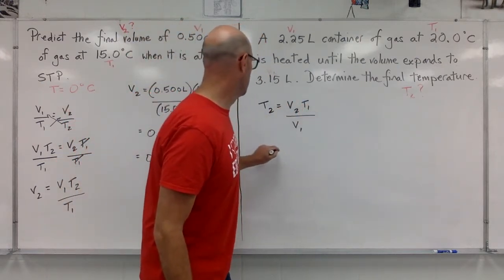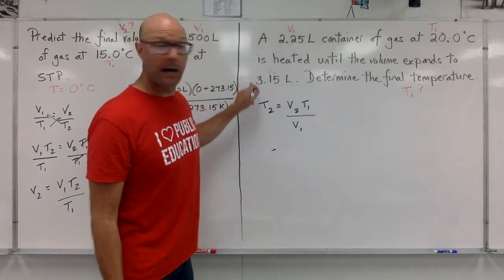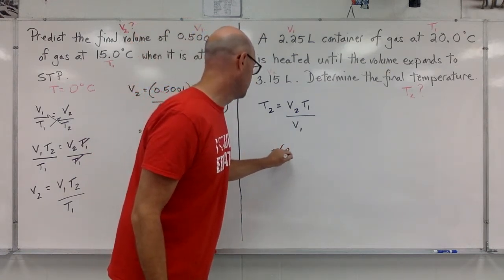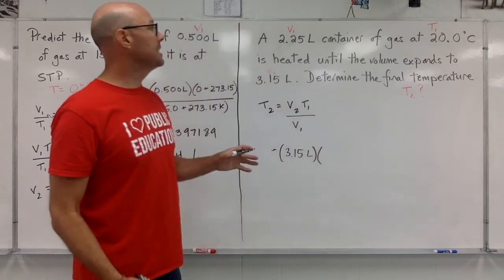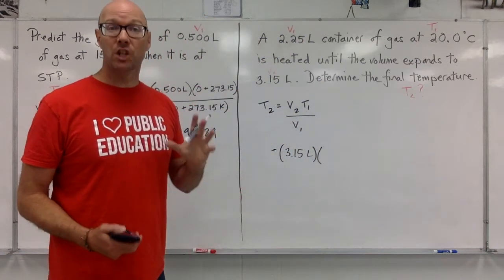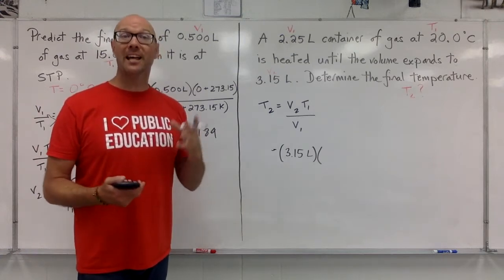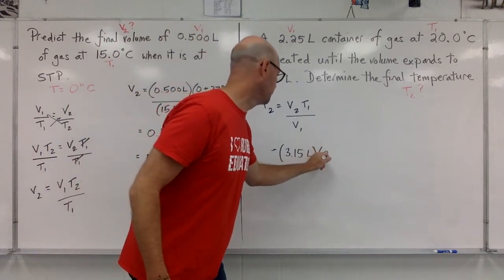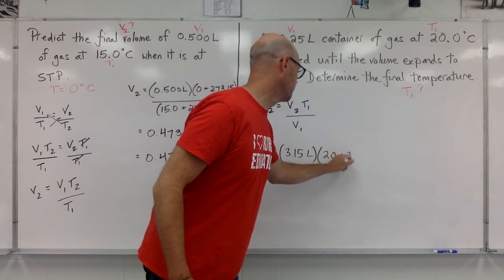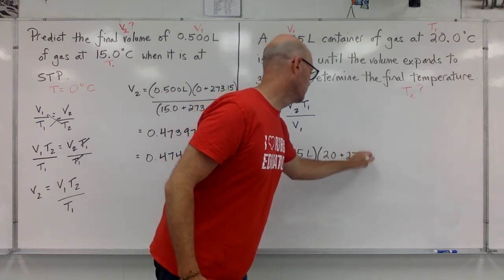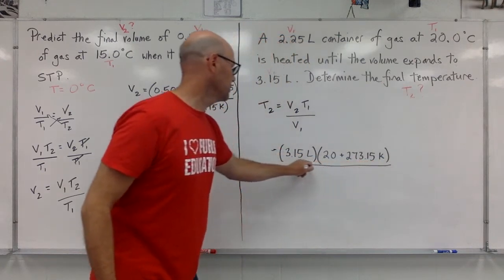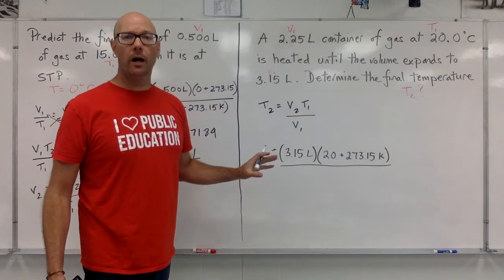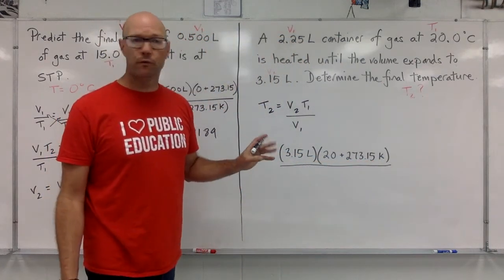V2 is 3.15 liters. T1, it was 20 degrees Celsius. We need to convert that into Kelvin. This is over V1. V1, 2.25 liters.